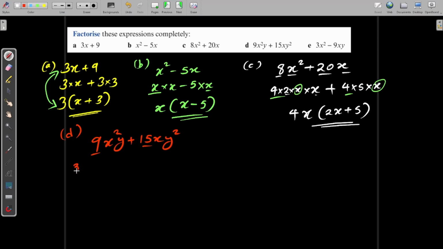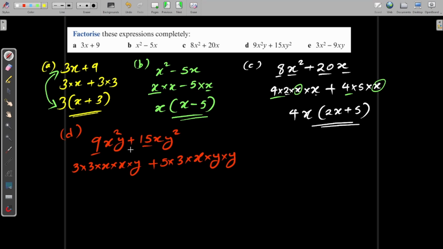So I'm going to write 9 as 3 times 3, x to the power 2 as x into x, and y. 15 I can think as 5 times 3, x times y to the power 2, y into y.